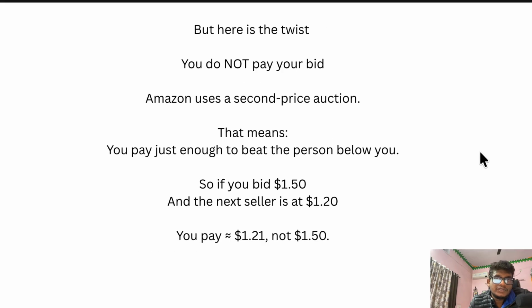But here is the twist. You do not pay your bid, whatever you have set. Amazon uses a second price auction, so you pay just enough to beat the person below you. If you are bidding $1.5 and the next seller is at $1.2, you pay 1.21, not 1.5.